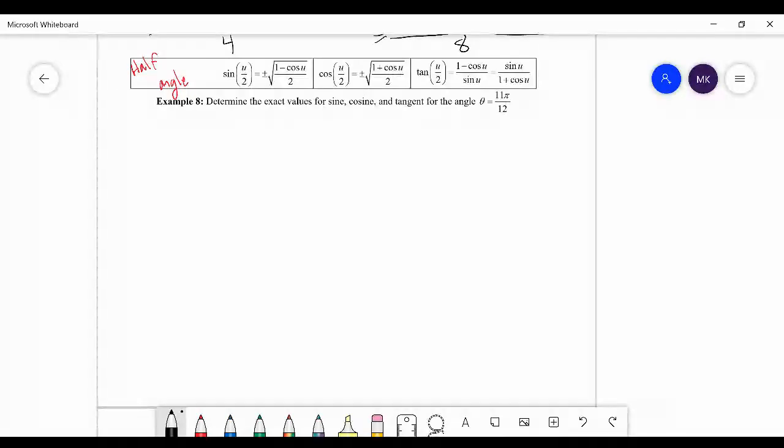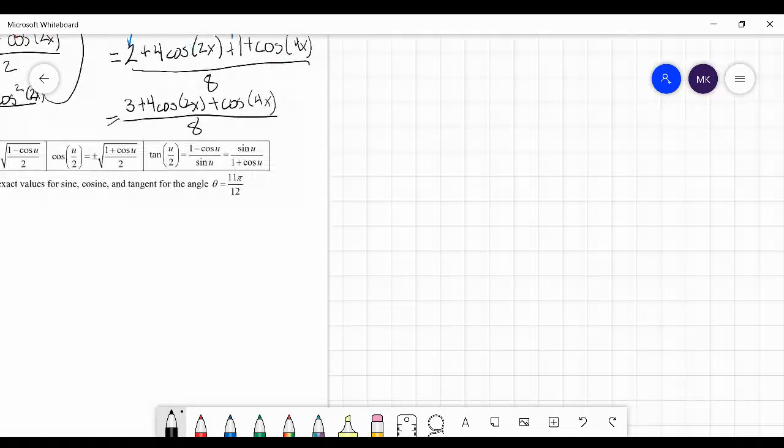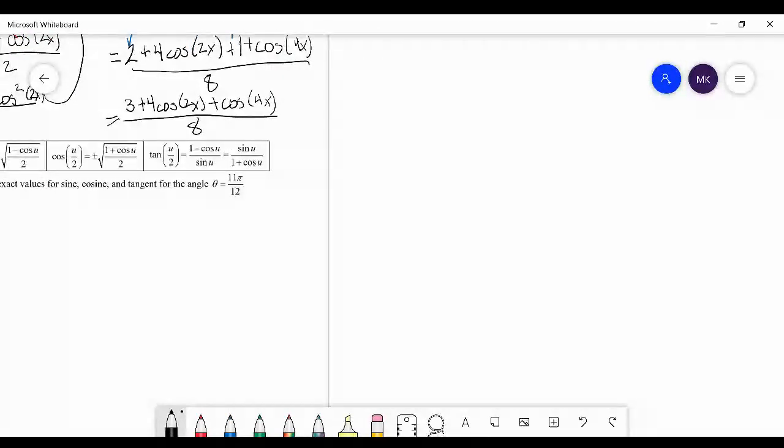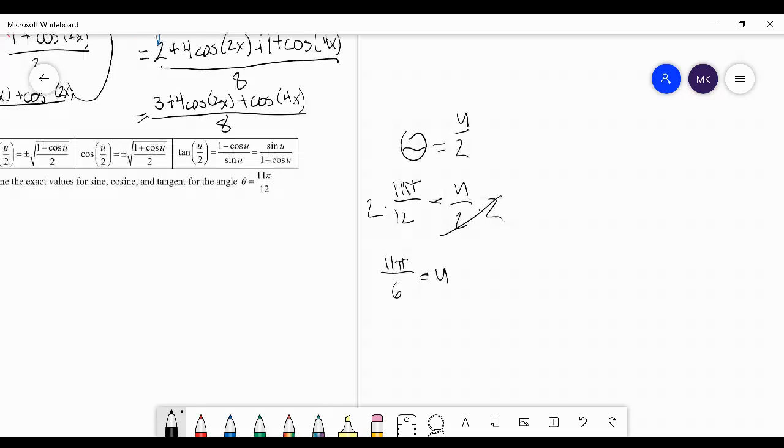So if theta equals 11 pi over 12, what does u over 2 need to equal? If theta is 11 pi over 12, what is u? I'll multiply both sides by 2, and I get 11 pi over 6 equals u.